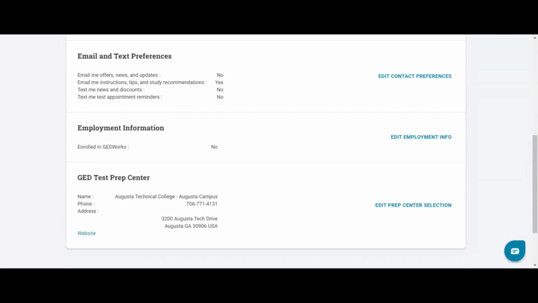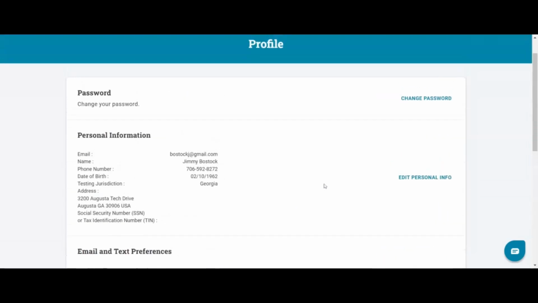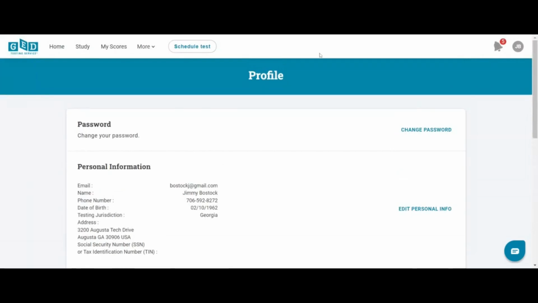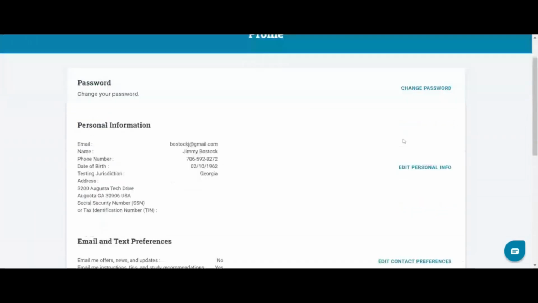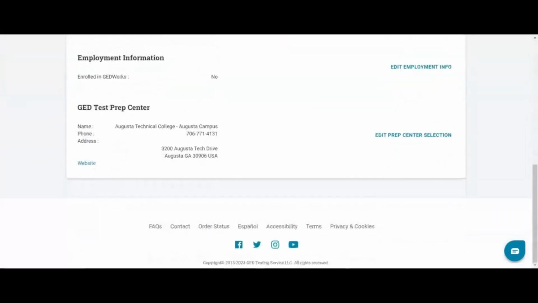And I think when you find it, you click on it, and then there's a choice that says save or submit or something along those lines. And then you need to go back and check and make sure that it looks like mine.